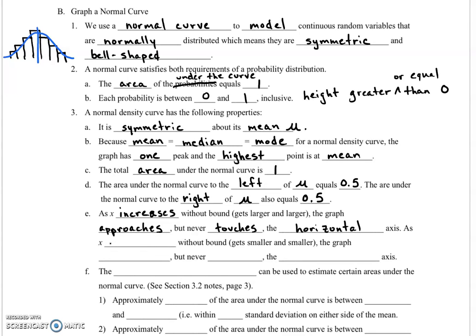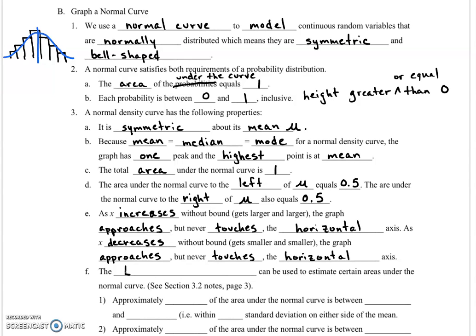And as x decreases without bound, meaning it gets smaller and smaller, the graph also approaches but never touches the horizontal axis. And again, that makes sense because of the symmetry. Whatever it does going farther and farther to the right, it has to do the same thing going farther and farther to the left.